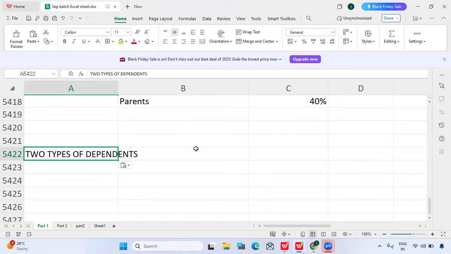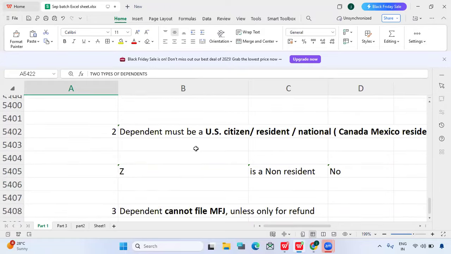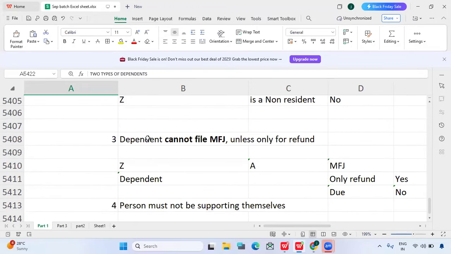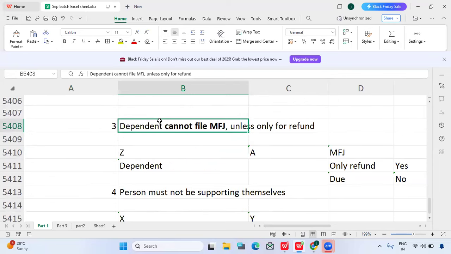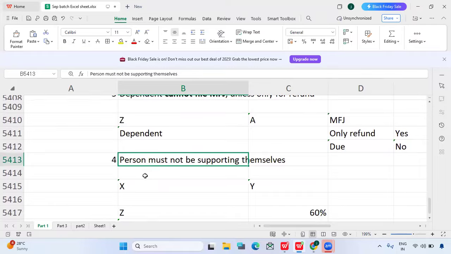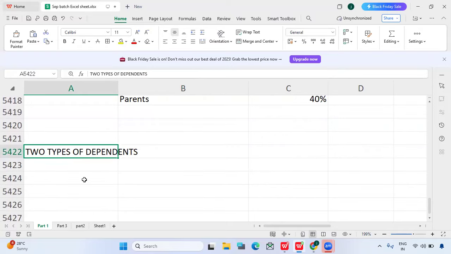The dependent should be a U.S. national, resident, or resident of Mexico or Canada. If the dependent has filed a joint return only for the purpose of getting a refund. And the person must not be supporting themselves. Perfect. So now we understood when we will consider a person as a dependent.